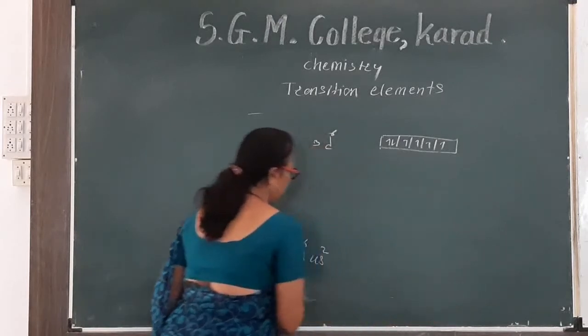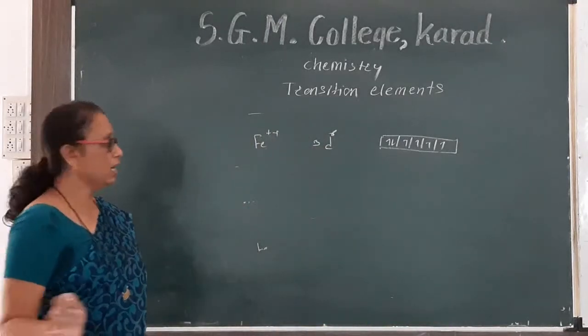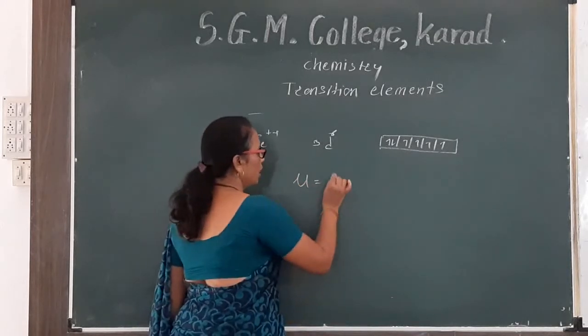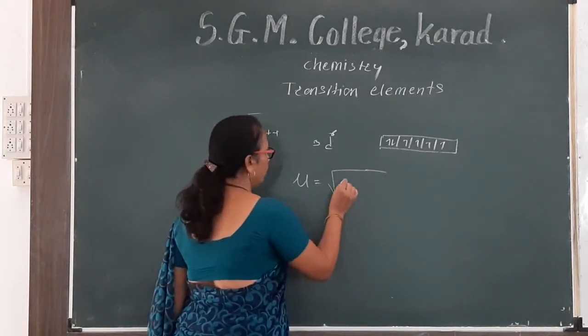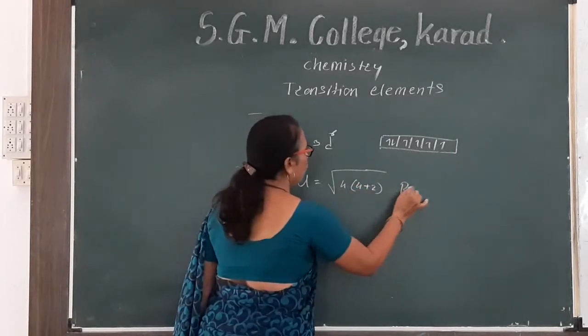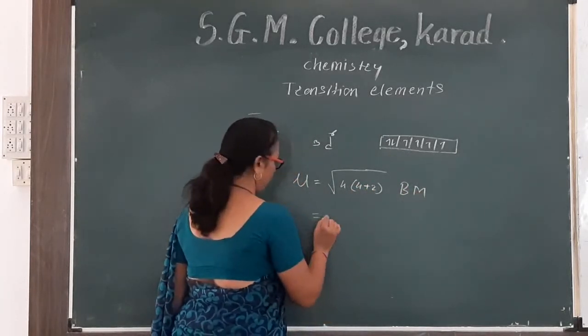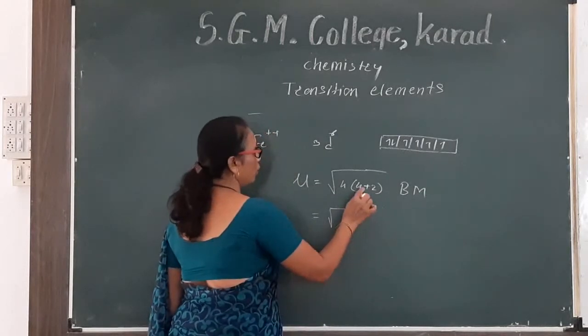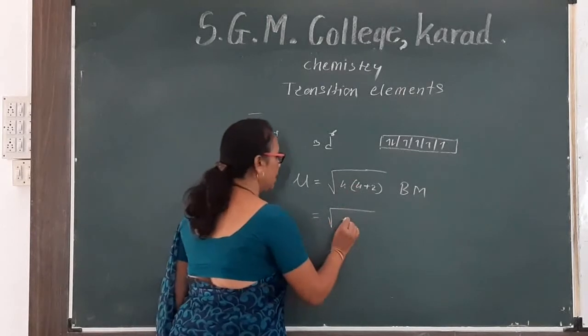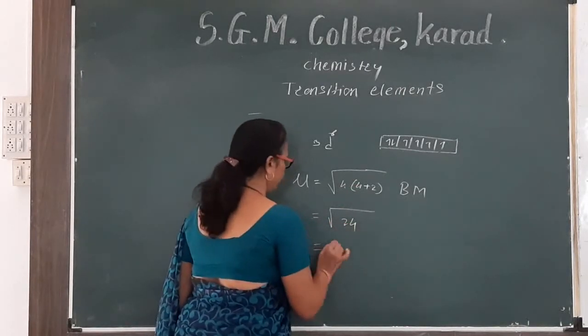Thus we can calculate the magnetic moment by using the formula mu equal to under root of 4 into 4 plus 2 Bohr magneton, BM. Under root of 4 plus 2, that is 6. 6 into 4, that is 24.